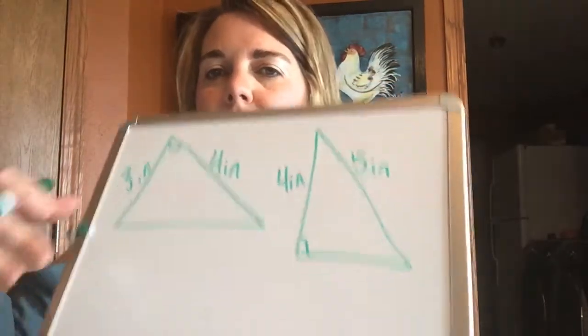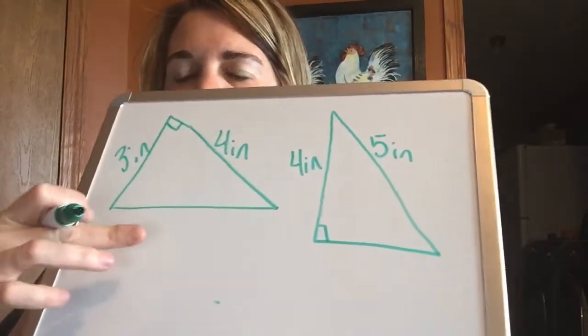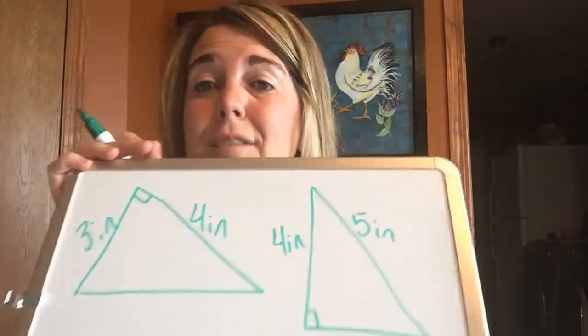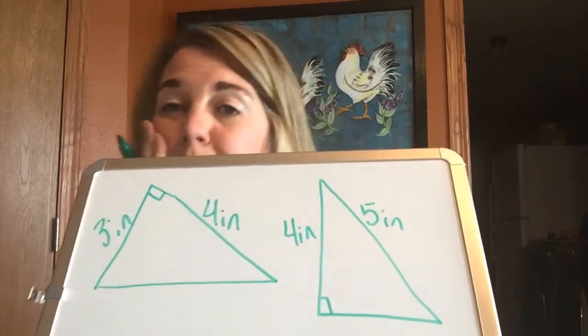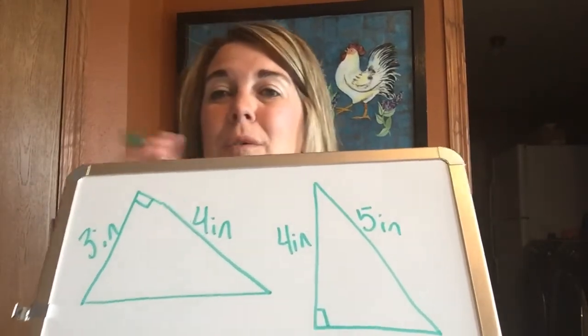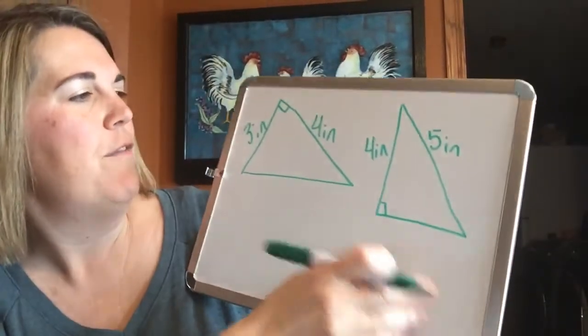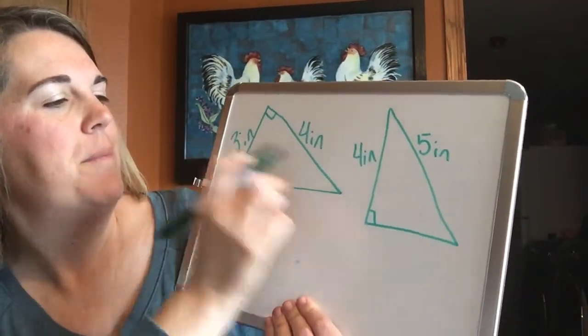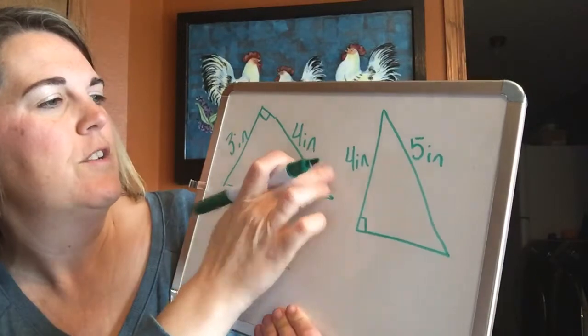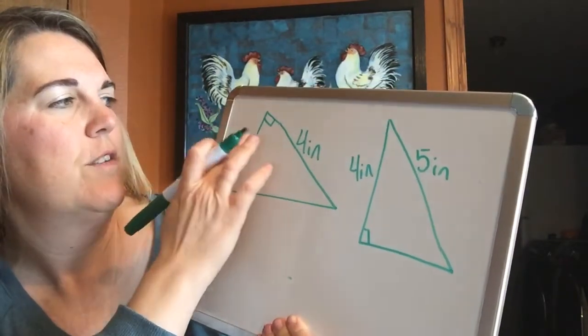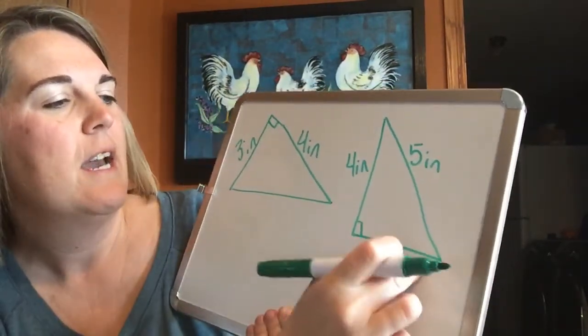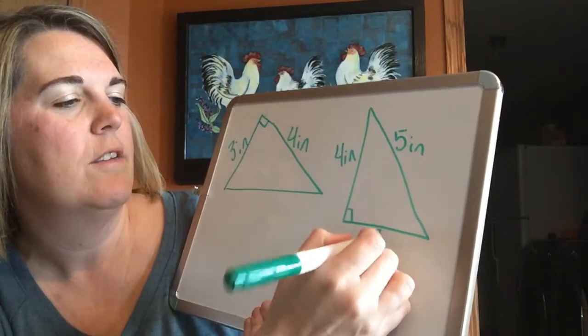Now, when we're figuring perimeter, each one of these has a side missing. But they told us that these are congruent, which means they would have corresponding sides. The side lengths would be the same. So if I know that this is 4 inches here, and this one is 3 inches, and it meets at my 90, I'm not going to guess that this one is 3 inches.